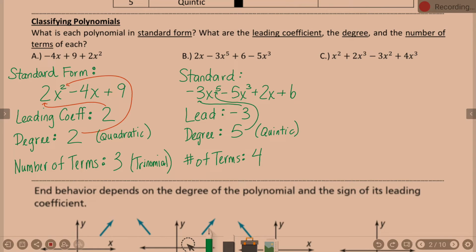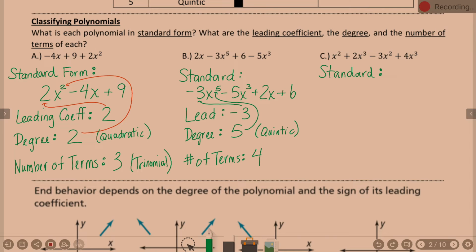Okay, C. Okay, standard form. 4x cubed plus 2x cubed minus 3x squared plus x squared. Can you add them together? So you do 6x cubed.